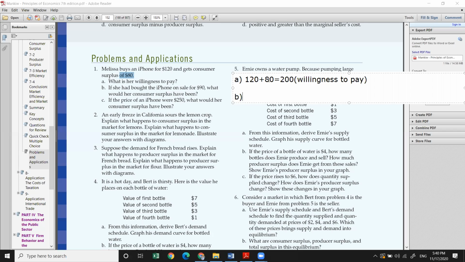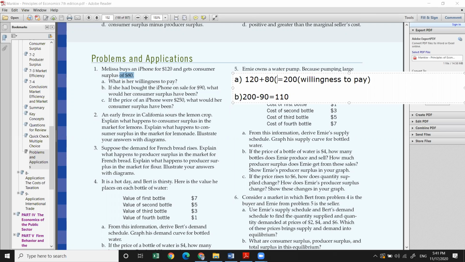Or if you want to find the consumer surplus, it is willingness to pay minus actual price paid. That would give you the consumer surplus of 200 minus 90, how much money was paid, and that will be equal to consumer surplus. So 200 minus 90, that is 110 of consumer surplus.